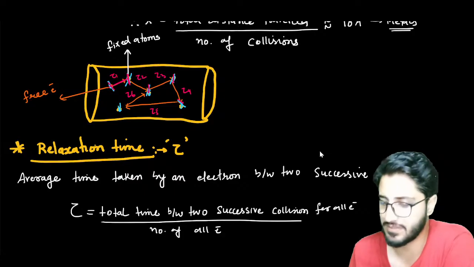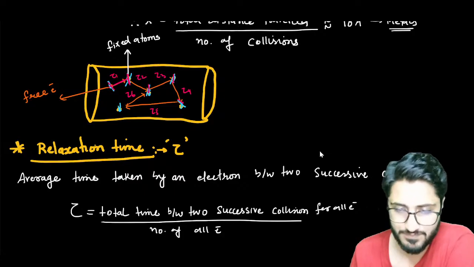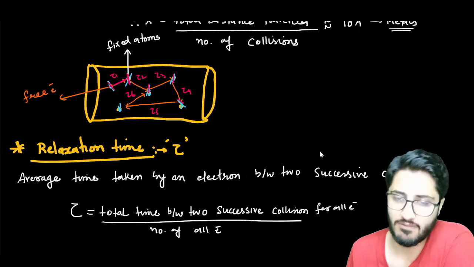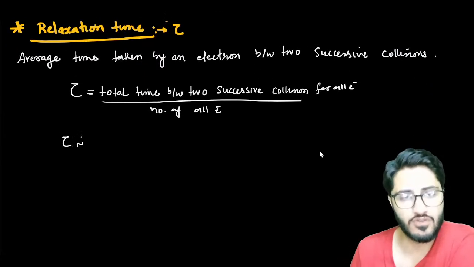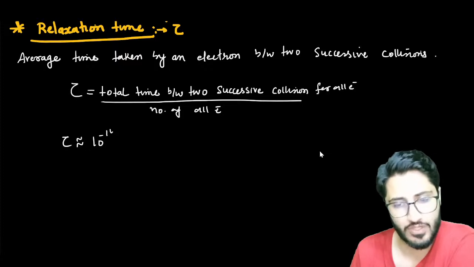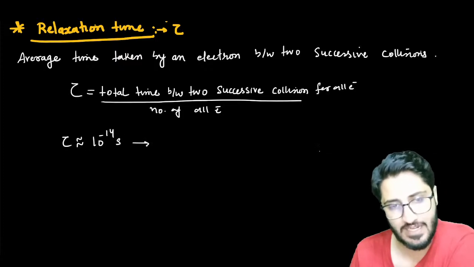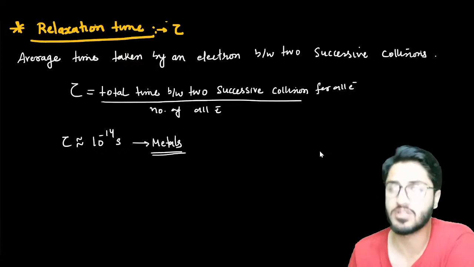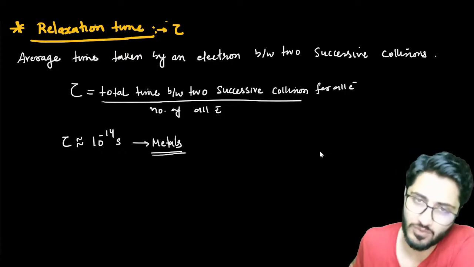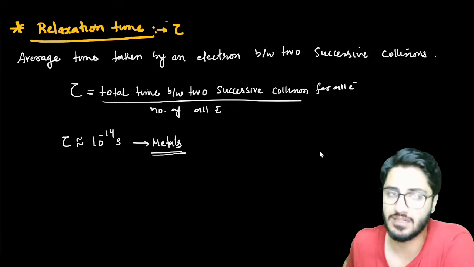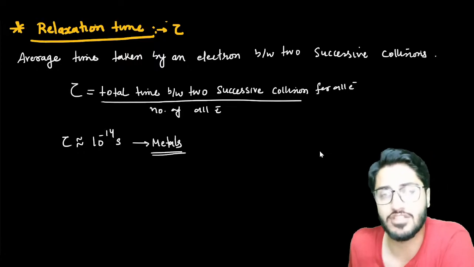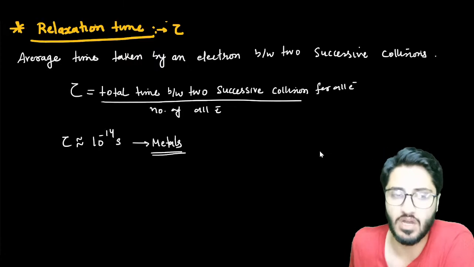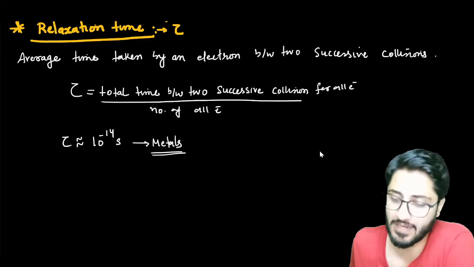Can I write it like this also, right? And its value is approximately given to us: it is 10 to the power minus 14 seconds, specifically for metals. So thermal speed is 10 to the power 5. Then the mean free path is 10 angstrom for metals. And this tau is 10 to the power minus 14 seconds for metals.